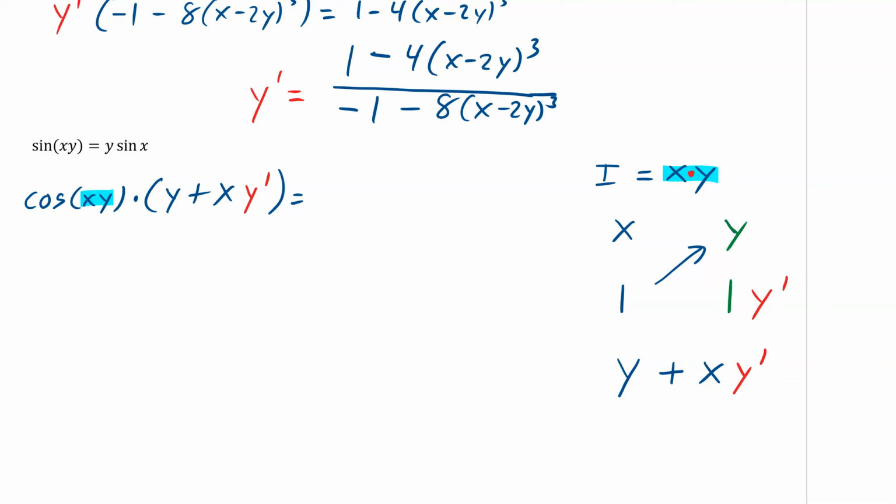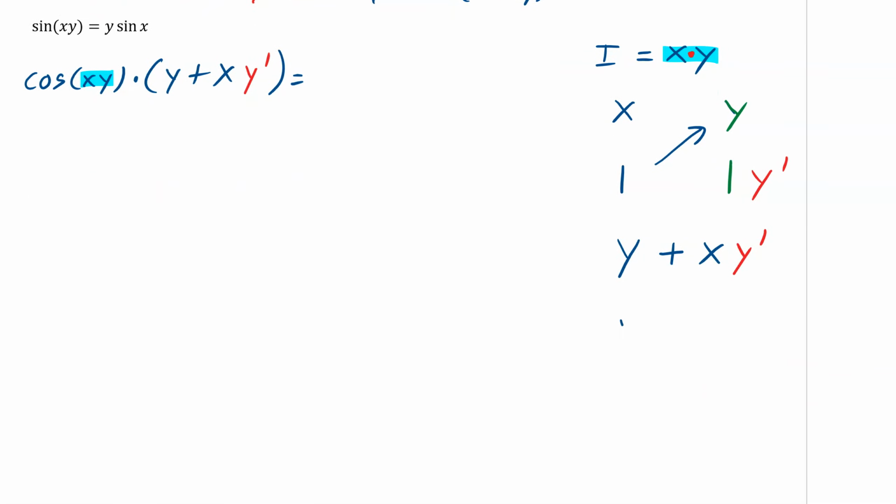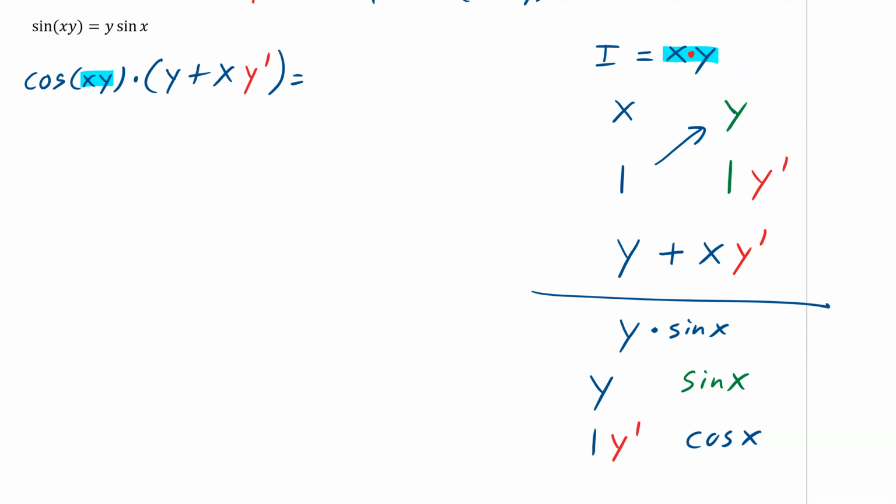Now the other side is also a product rule. So this is y times sine x. So again, that would become y and sine x. So derivative of y would be 1, and again, y prime. And derivative of sine x is cosine x.